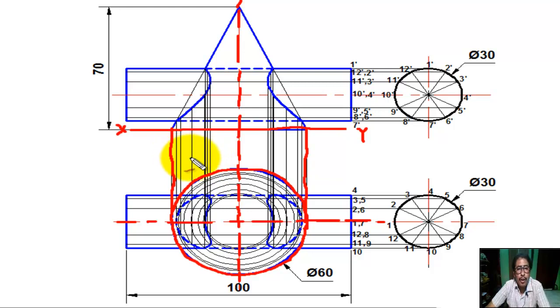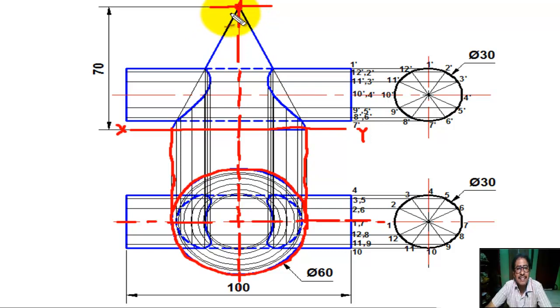Now we draw a line parallel with the XY line at a distance of 70 millimeter, because the height of the cone is 70 millimeter. This parallel line intersects the axis line at this point.